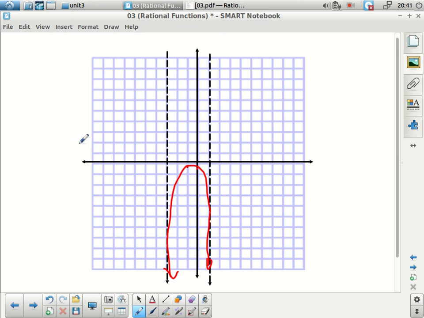One side is increasing and one side is decreasing. So if this stretch is always increasing, but there were no roots, the only way that could happen is if it looks like this. If I was approaching here from underneath, it would have to cross somewhere to be increasing, and similarly for decreasing. So that's what my graph is going to look like.